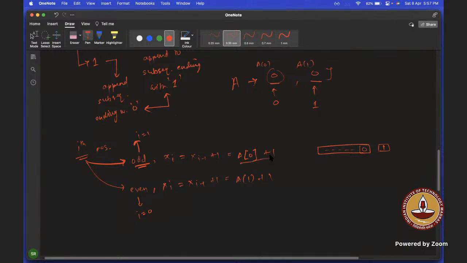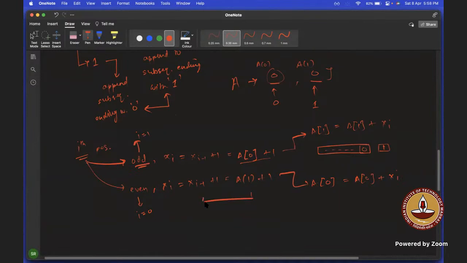And once we have done this, we also need to update A1 now, because we have increased the number of subsequences ending with 1. So we need to update it. How do we update it? Earlier A1 plus xi, and here we update A0, that is A0 plus xi. And one operation would be common to them.